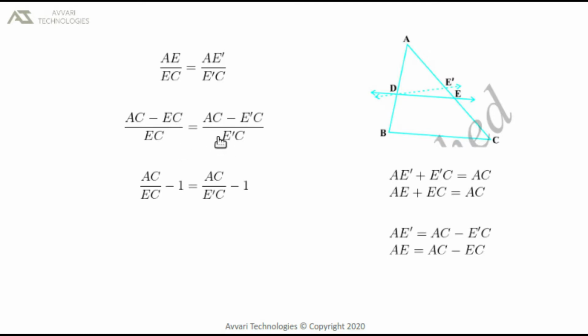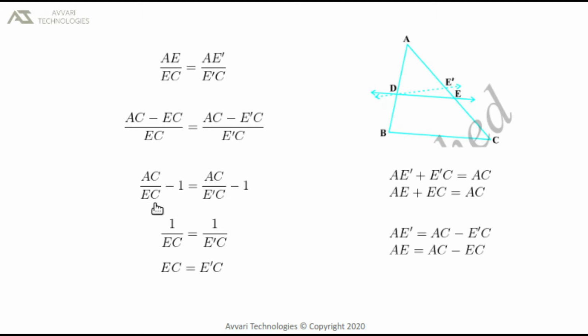On the right hand side of the equation, we will divide individual terms with E dash C. So AC divided by E dash C minus E dash C divided by E dash C, which is nothing but 1. Since we have got the same terms on both sides of the equation, minus 1 gets cancelled.